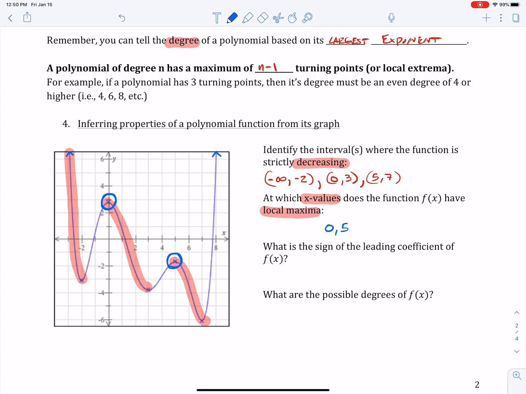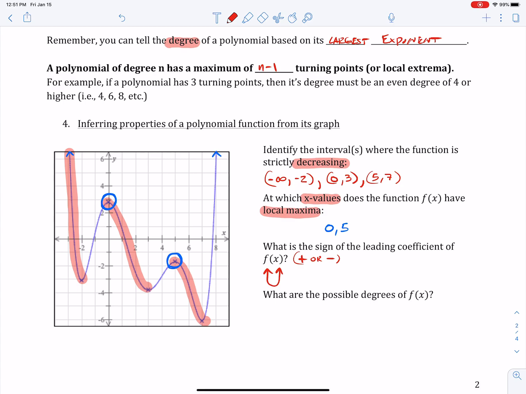And the next question being proposed is, what is the sign of the leading coefficient of f of x? And this comes from our prior section. Our leading coefficient, what is the sign? Meaning it's asking us if it's a positive or a negative sign. Well, if it's positive, what we'd want to see is our arrows going up like this.